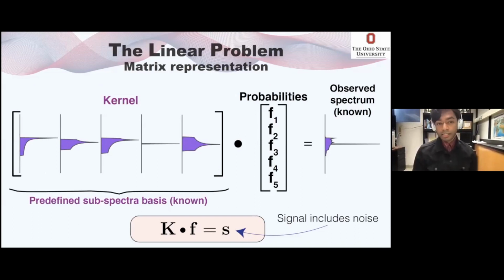And the kernel is, again, a predefined set of basis subspectra. And the probabilities now become a column vector, and then the dot product of these two is the spectrum. So in a simple matrix representation, we can write this equation as K dot F equals the signal that we observed, which may include noise.